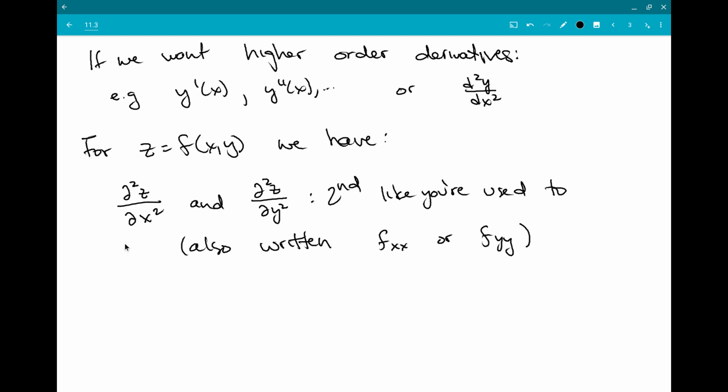But then we're also going to be able to combine different derivatives. So I could take a second derivative of z, but I could take it with respect to y first and then with respect to x.